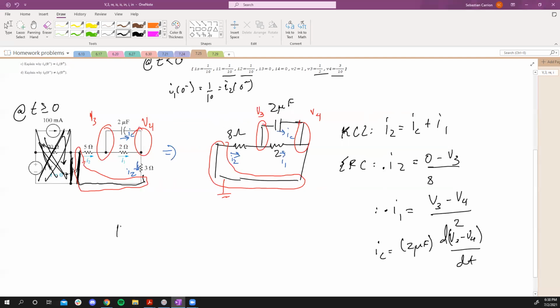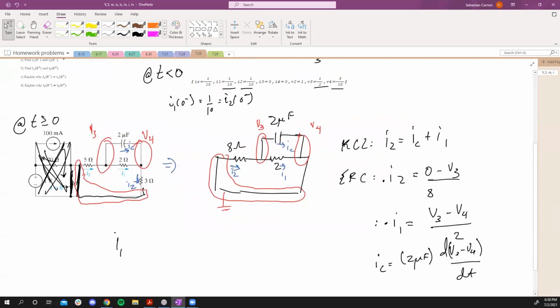Our I1, we already know the instantaneous value. I1 right after would be 0.5 minus 0.3 over 2, which is 0.2 over 2, so 0.1 amps.